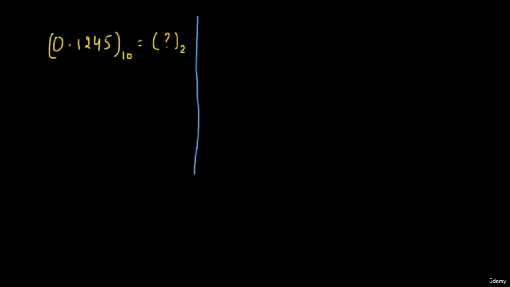Remember, in this case we have to multiply 0.1245 by 2. Now again multiply 2 with the result. Don't worry, I am just making the format so that we can learn the things quite easily and I can focus on telling you what's happening and how it's happening.